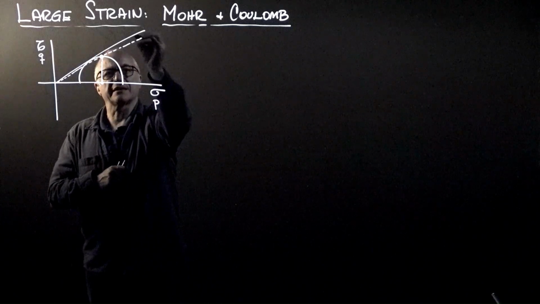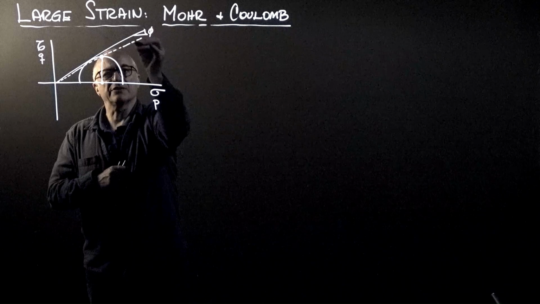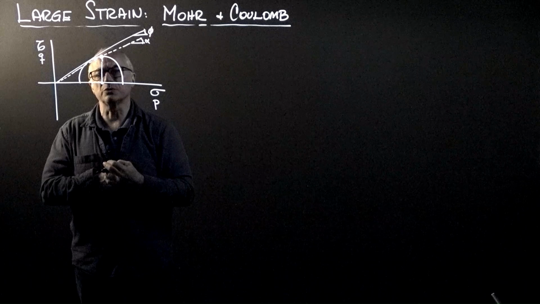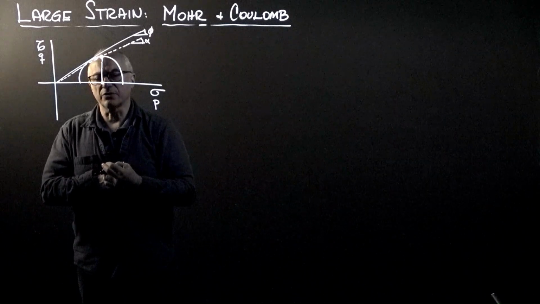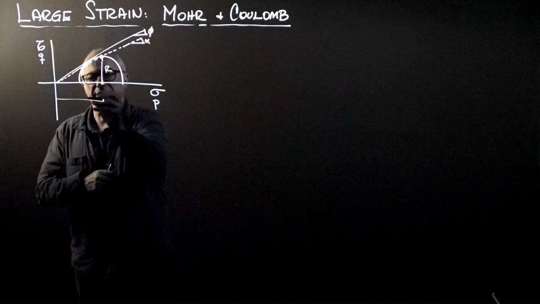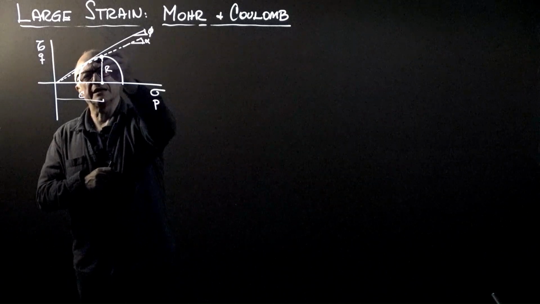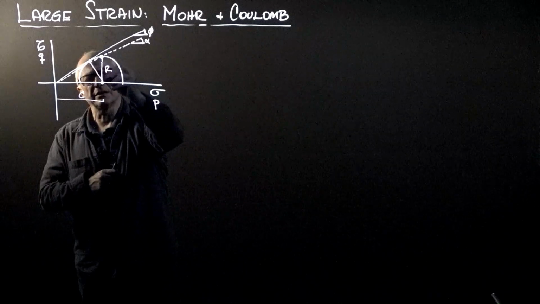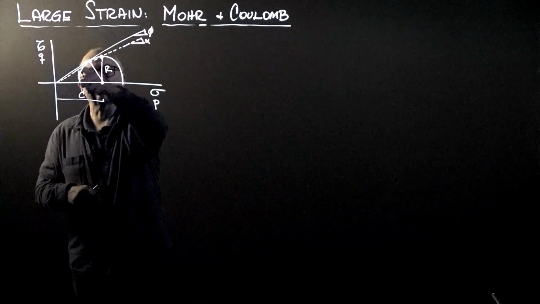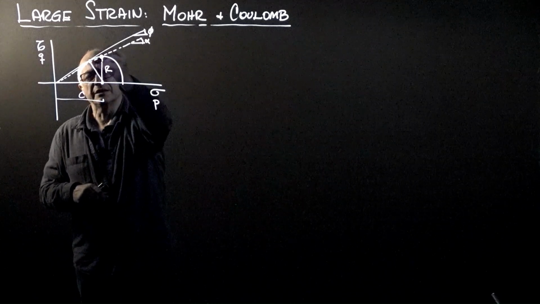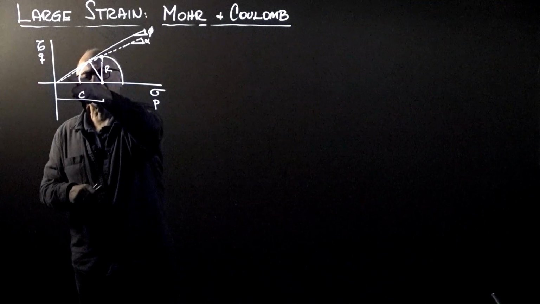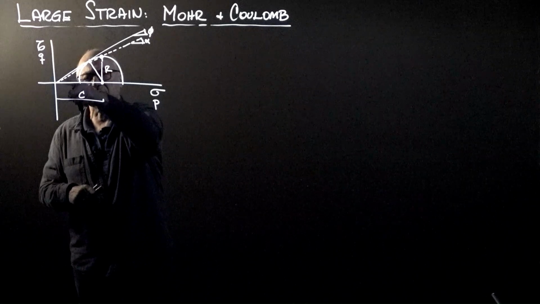So if the failure envelope has an angle phi, let's call this angle alpha, and we would like to know the relationship between those two. Let's focus first on this radius, let's call this C the center, and now we have this normal to the failure envelope, which is also a radius. If you look at the triangle defined by the failure envelope phi, this segment, this radius, is opposite the friction angle at the acute angle here.